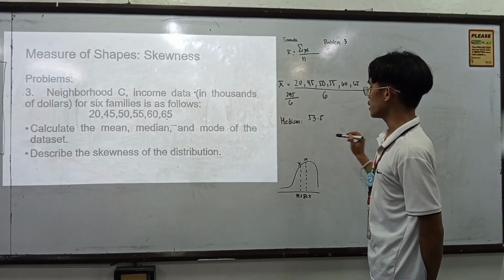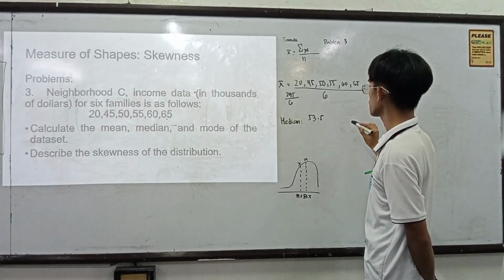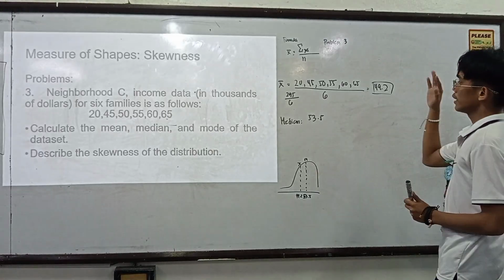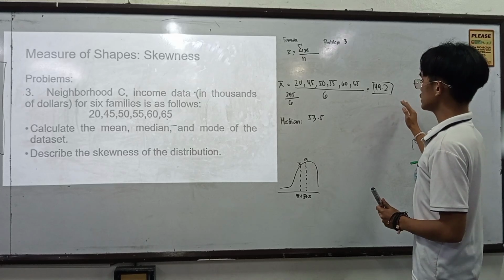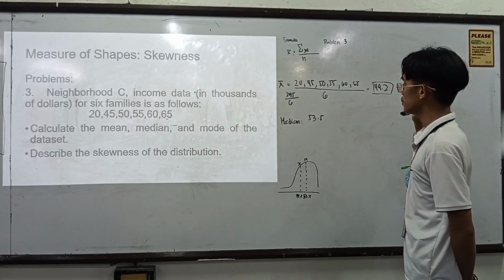Now, let's proceed to the median. The value of the median is 52.5. So what does it conclude? The mean is lower than the value of the median.